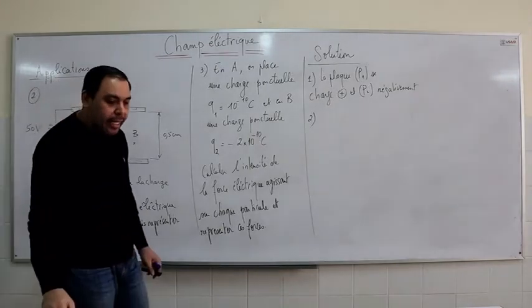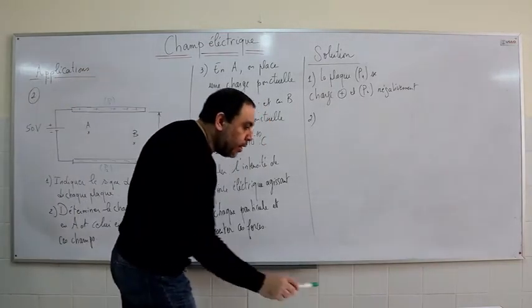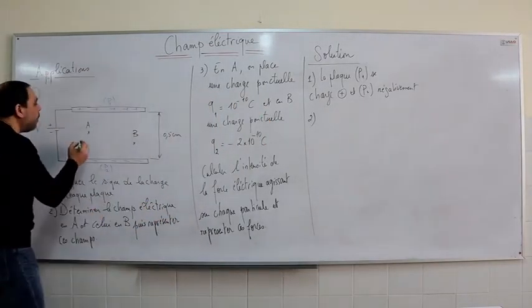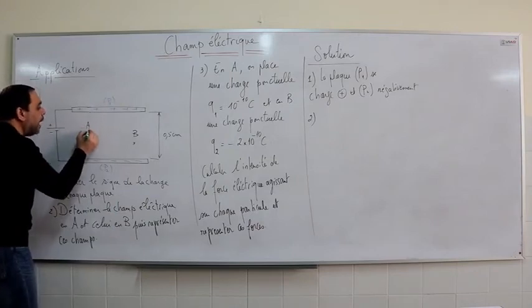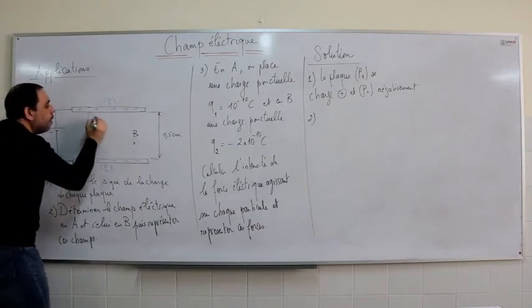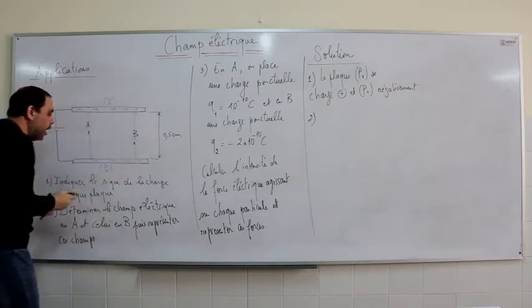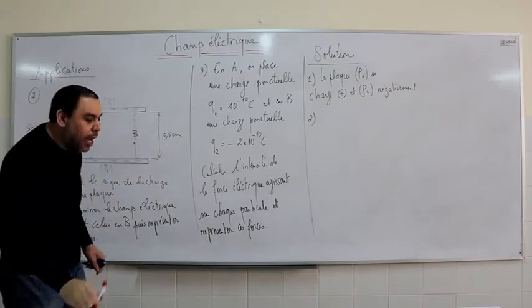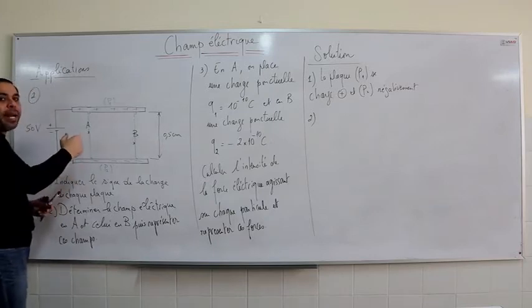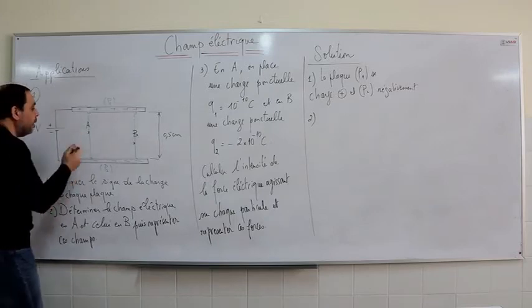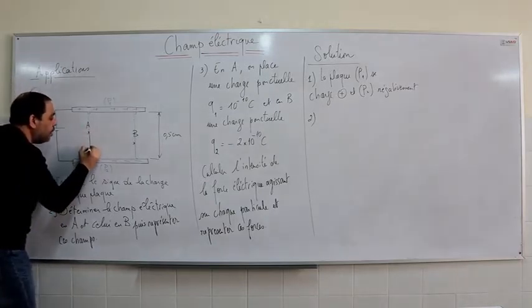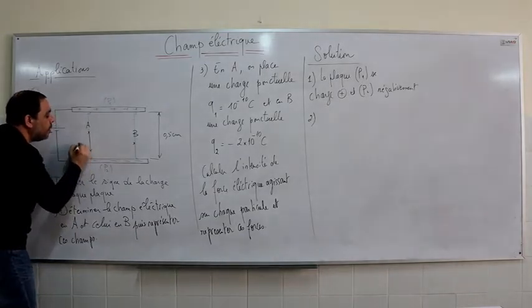The plates create an electric field that is perpendicular to the plates, and it is directed from the positive plate to the negative one. From the positive plate to the negative plate.